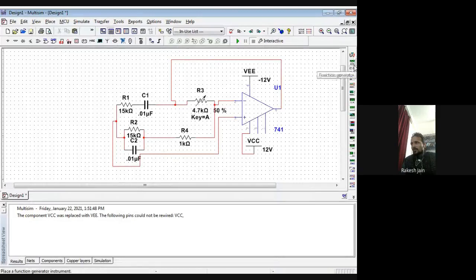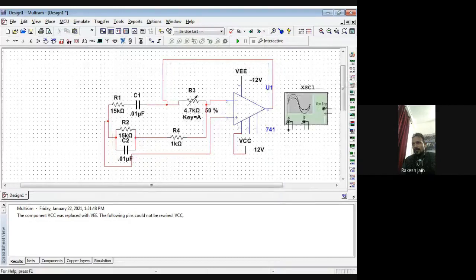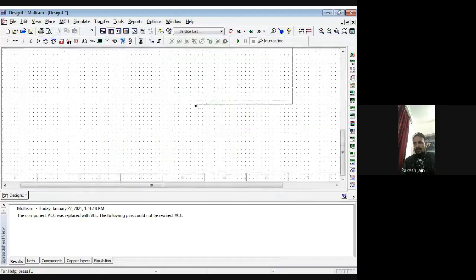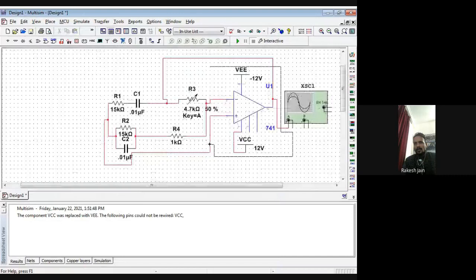So just use a CRO and just see this plus terminal is connected with the 6 number pin and this minus terminal is connected with this pin, which is actually a ground pin. So just connect a ground over there.